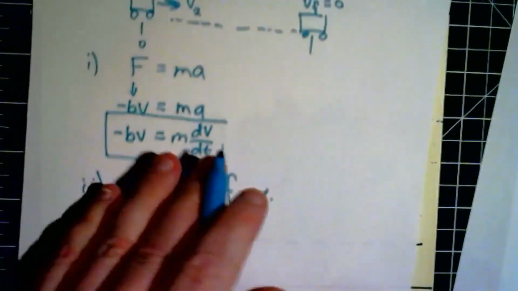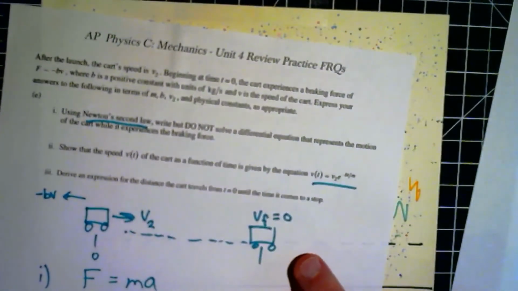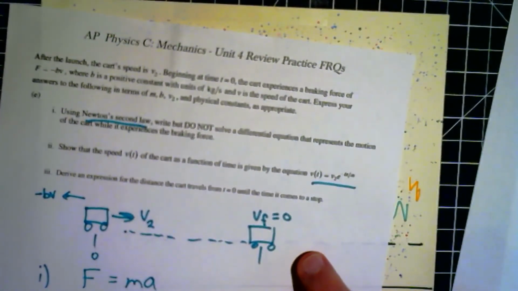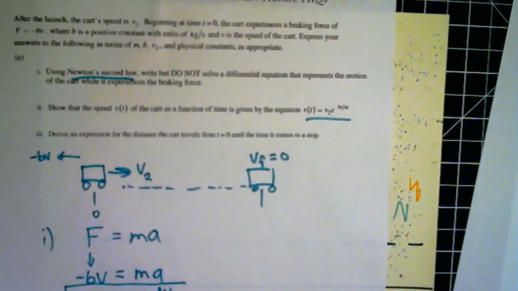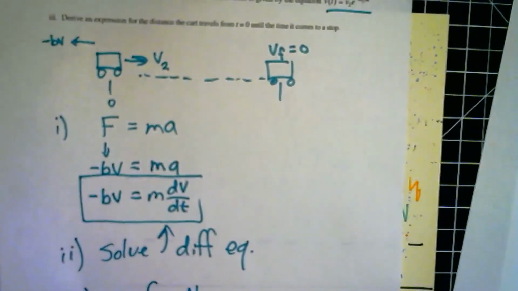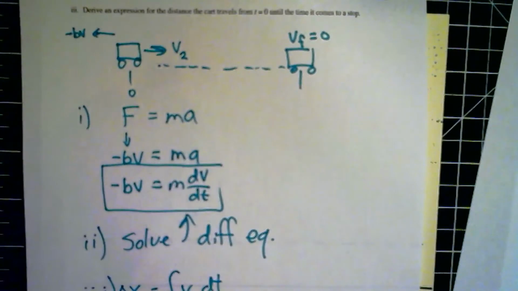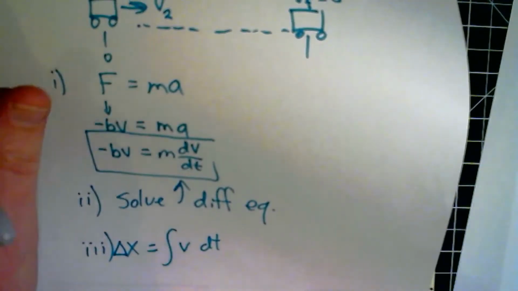Well, I'm given the velocity function right here, so I just need to take the integral of that using the appropriate limits and solve for the distance x. Technically, it's not the distance, it's the displacement, delta x. And so we'll do that on this last page.